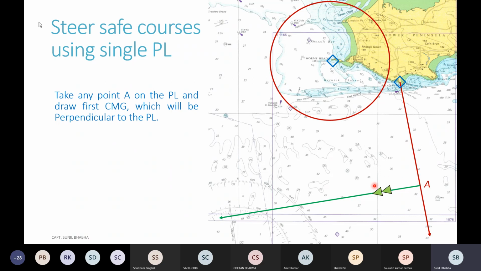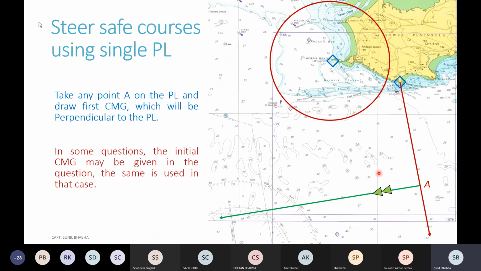The course made good is represented by double arrows. So let's mark it with double arrows here. Now, in some questions, it is possible that they may give you the first course made good in the question itself. If that is the case, the question becomes simpler.